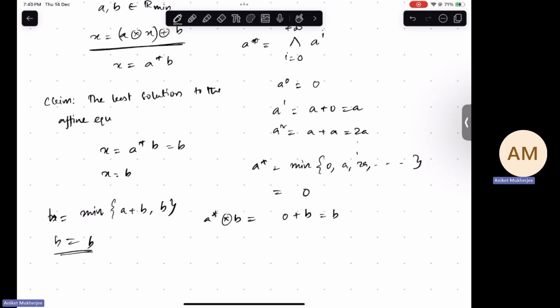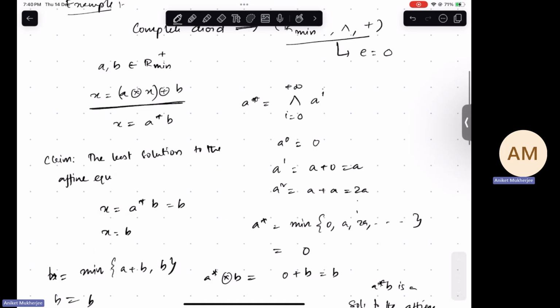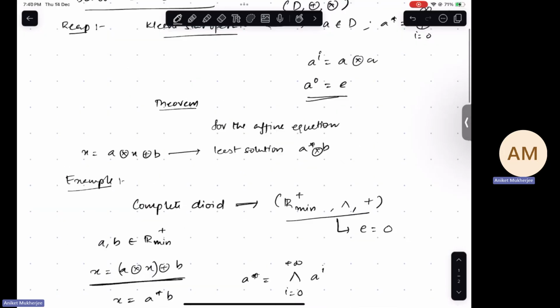So b equal to b, hence x equal to a star b is a solution to the affine equation x equal to ax plus b. Okay, so here was an example for the Kleene star.